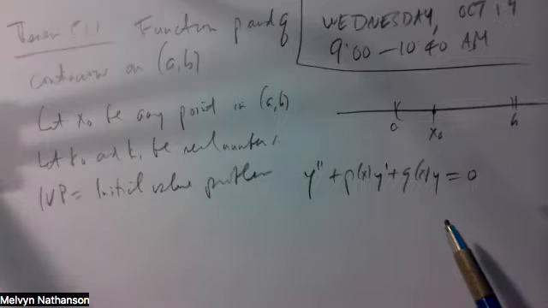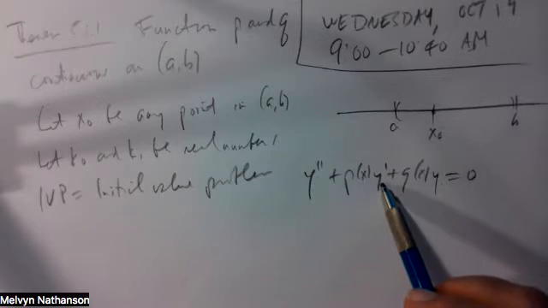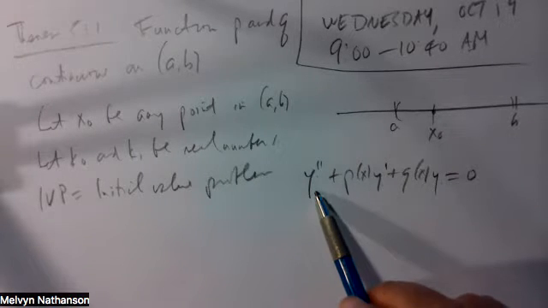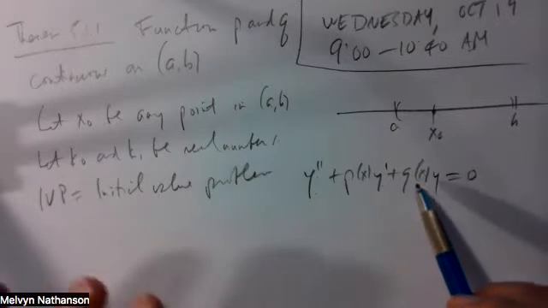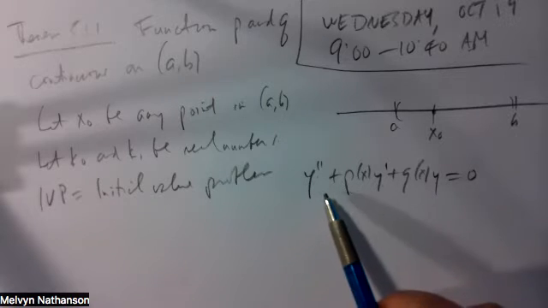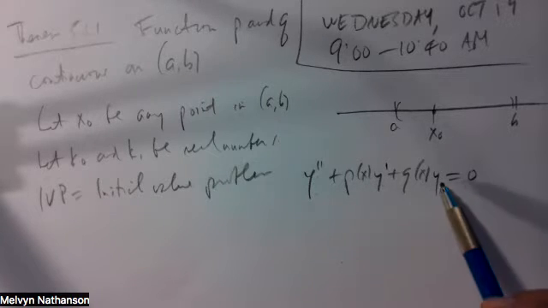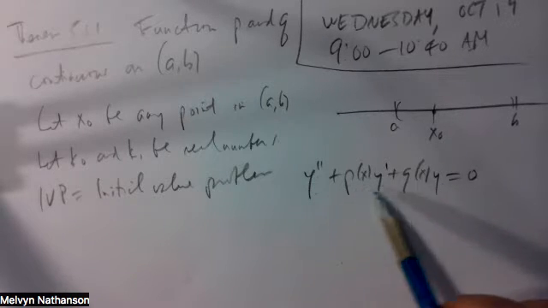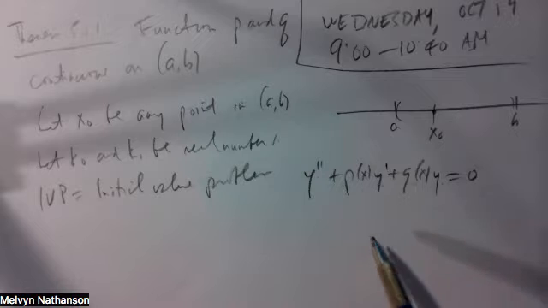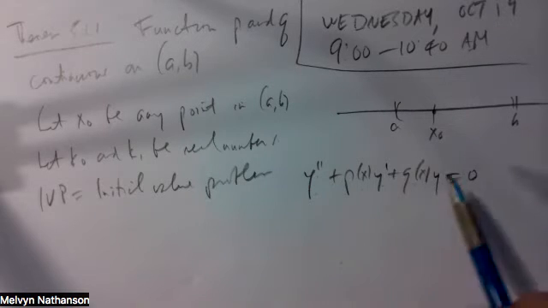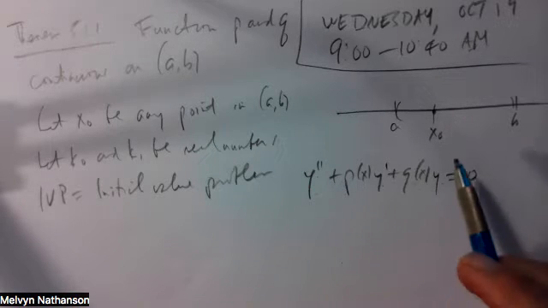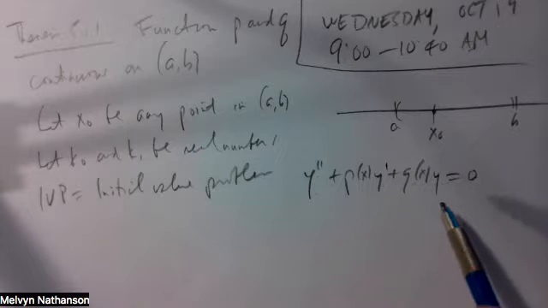It's linear because you have y, the first derivative, and the second derivative of y occurring as individual terms, multiplied maybe by powers of x, or functions of x, p and q, but there's no power of a derivative or a product of like y times y prime.